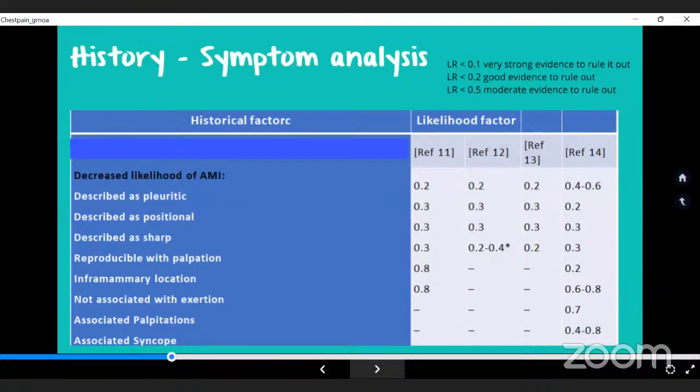So those are associated with palpitation and syncope. So they might not indicate acute myocardial infarction.